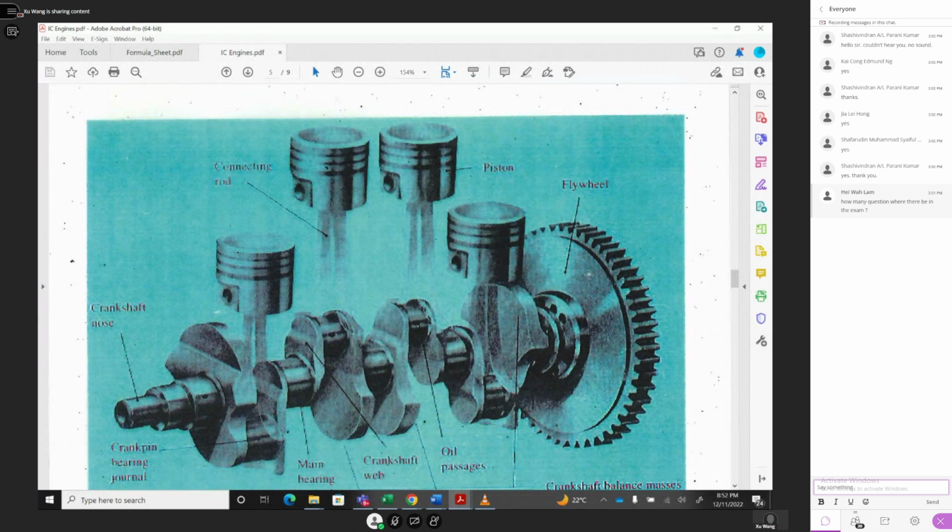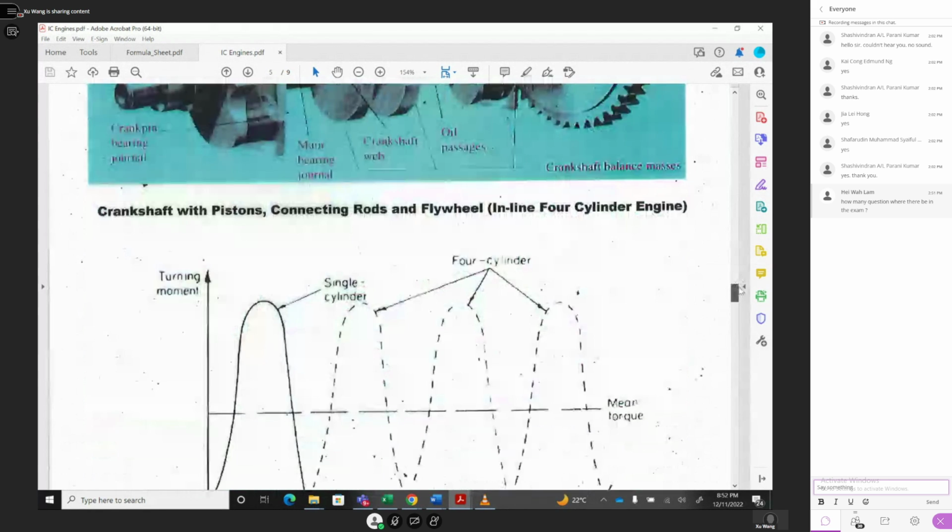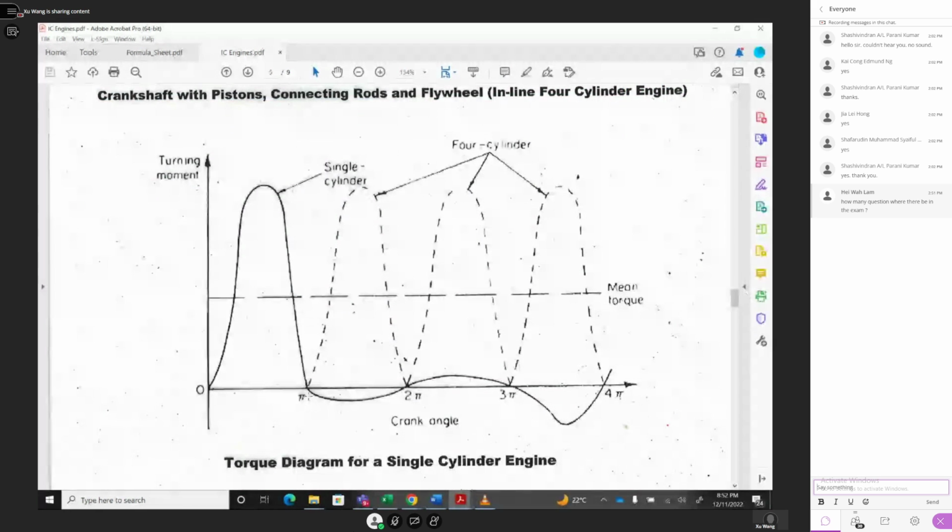See, a four-cylinder engine. In two revolutions, 4 pi, 360 multiplied by 2, 720 degrees, 4 pi. If you have only one cylinder, the output torque has only one peak, so it is not even and not very nice.